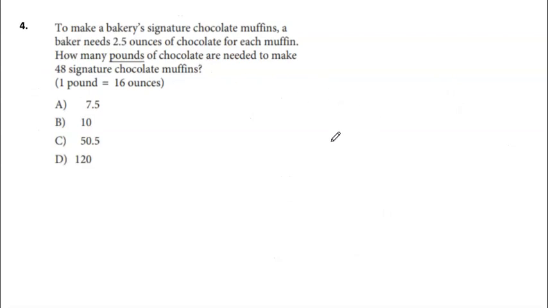Question number 4. To make a bakery's signature chocolate muffin, a baker needs 2.5 ounces of chocolate for each muffin. How many pounds of chocolate are needed to make 48 signature chocolate muffins?